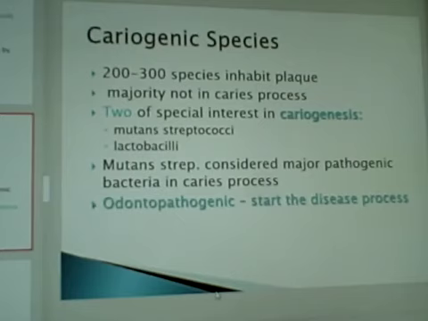So when somebody has lower saliva, a higher carbohydrate-based diet, higher frequency of sugar, that promotes the growth of these strep mutans, strep sobrinus, lactobacilli, and actinomyces in the caries process.